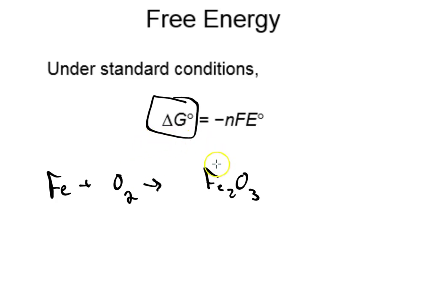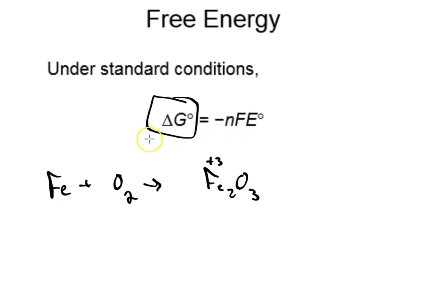Iron's tricky. What's iron's charge here? Plus 3. Iron has a variable charge, so you'll see it as a +2 or a +3, so you got to make sure you choose the right one.